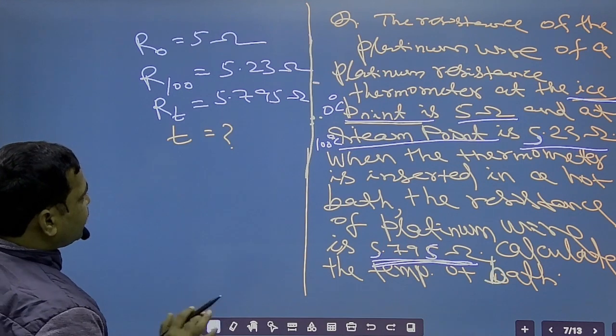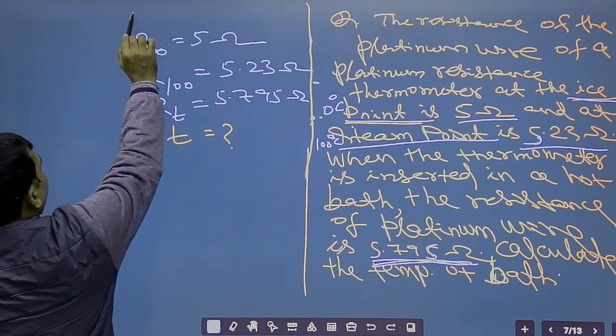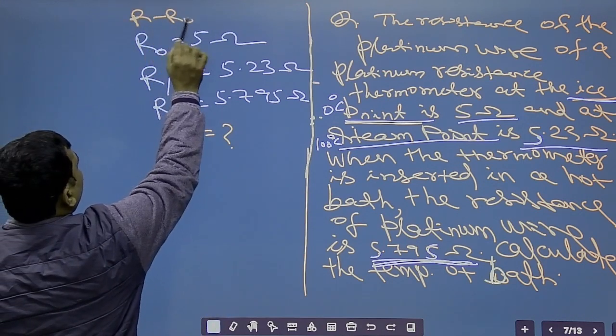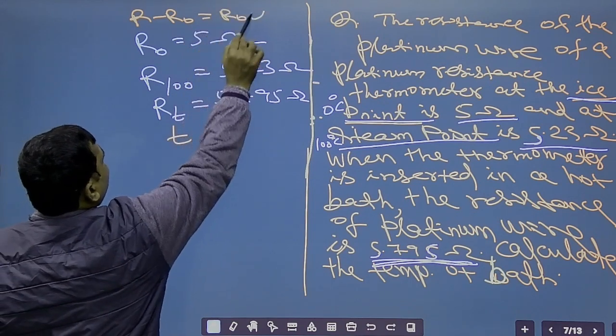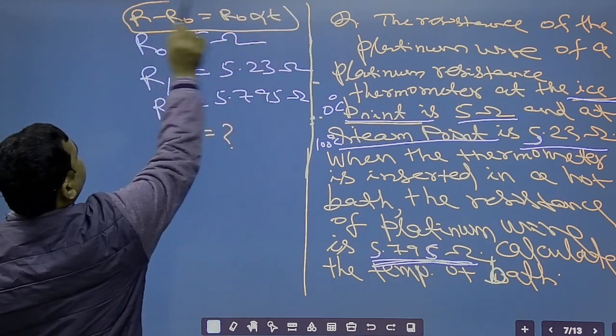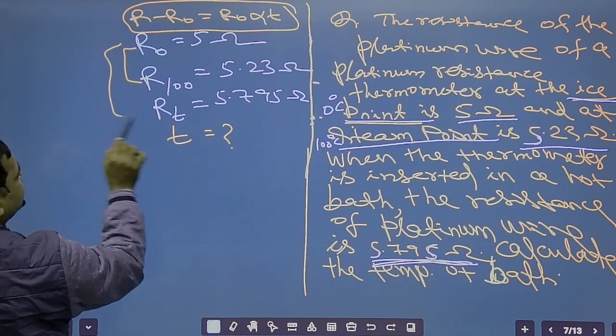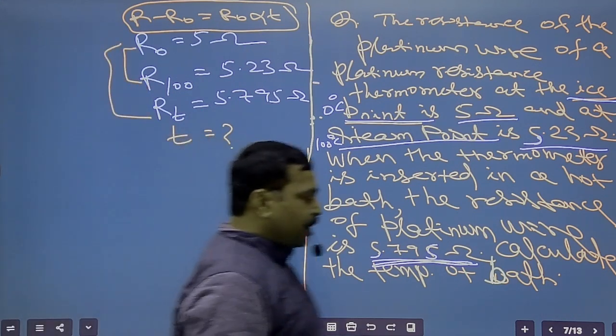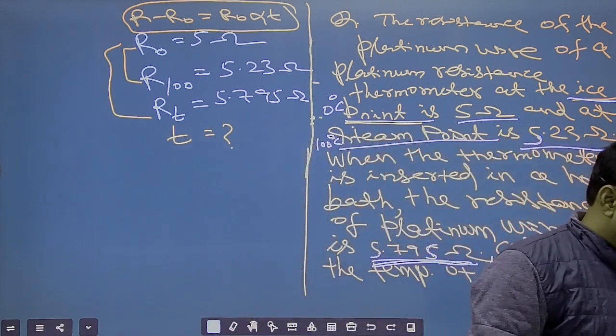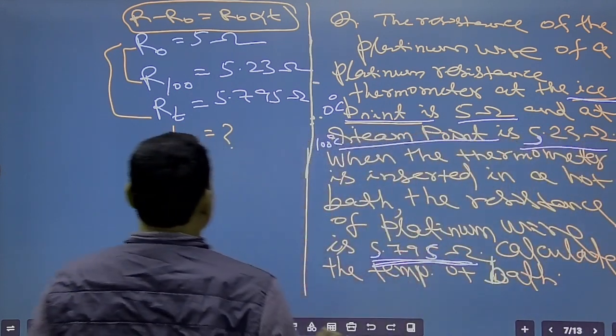So we'll be using this formula: R minus R naught will be equal to R naught alpha T, right? By having this pair and this pair, we can get two equations, and by dividing these two equations, we can solve this question.